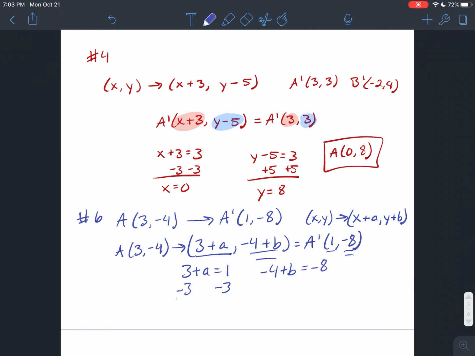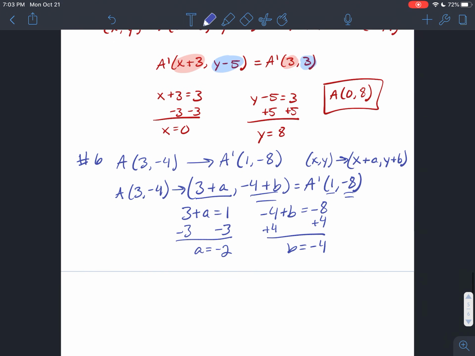So minus 3 from both sides. A is negative 2. Add 4 to both sides to solve for b. So b equals negative 4. So the rule is xy maps to x minus 2, y minus 4.